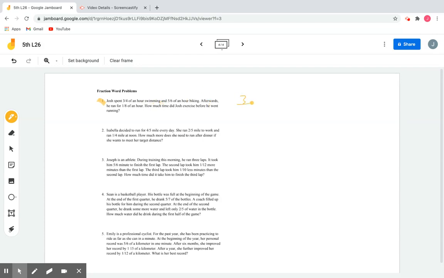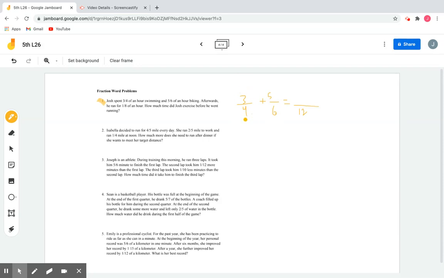So it will be 3/4 plus 5/6, right? So we need to find a common denominator for 4 and 6, and that will be 12. In order to make the denominator 12, for this one I have to multiply 3, right?